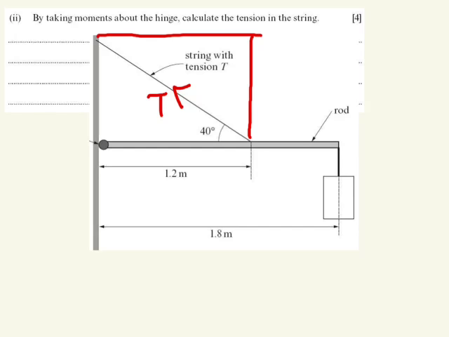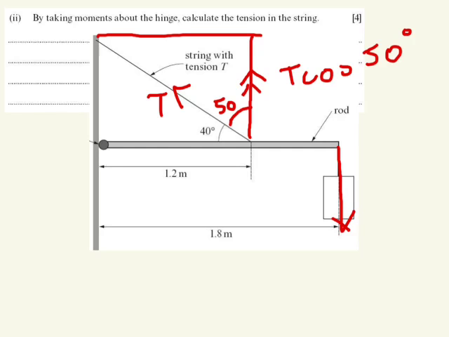So here, the only force that we're interested in is that one there, marked with the double arrow, and that is for the tension. If we want to find out what that is, we can see that that angle there is going to be 50 degrees, so this must be T cos 50 degrees. And the size of that must exactly balance out the weight of our object acting down there.